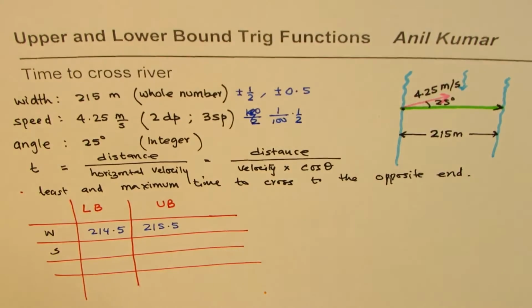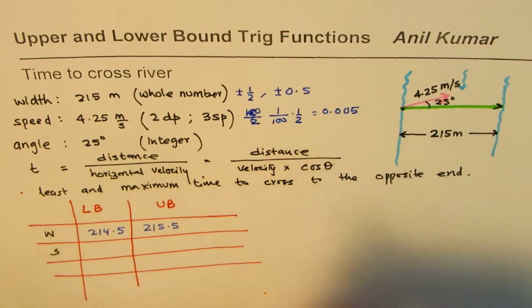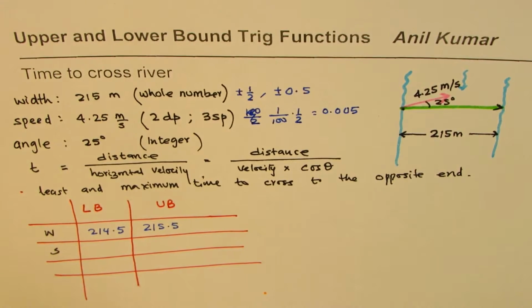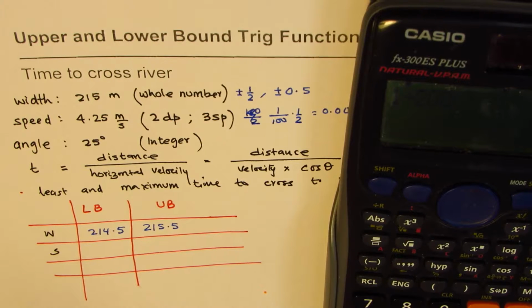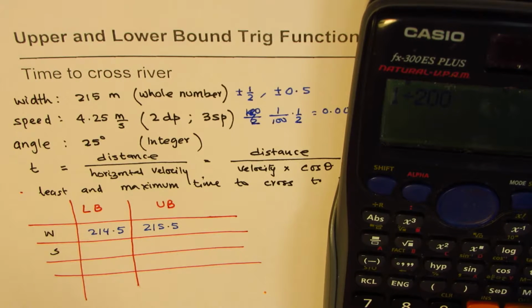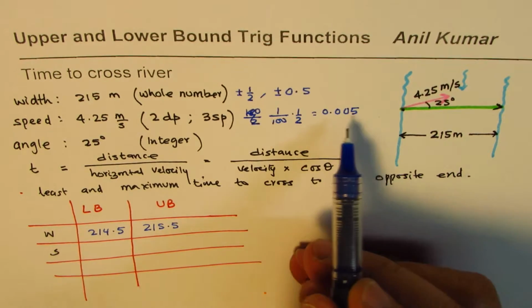So that value is 0.005, correct? You can also use the calculator to test. It is 1 divided by 200. That is how we get this in decimals, which is 5 times 10 to the power of minus 3, which is 0.005, correct?